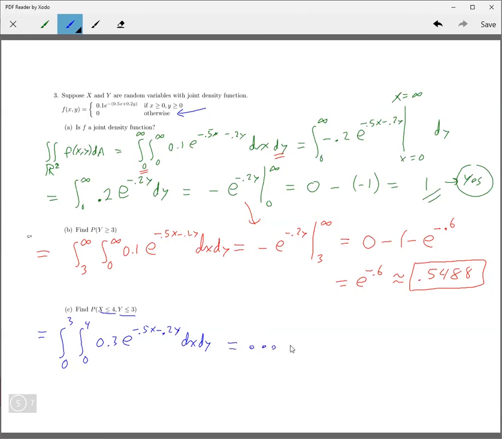So if you go through all the steps and everything, it is kind of nasty, but on this part right here, I ended up with that.